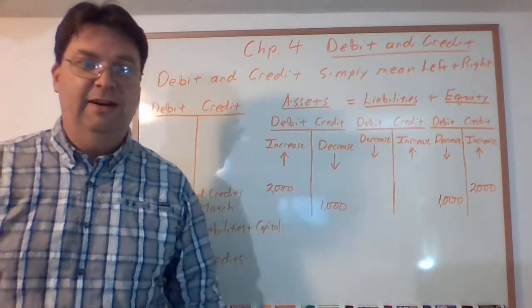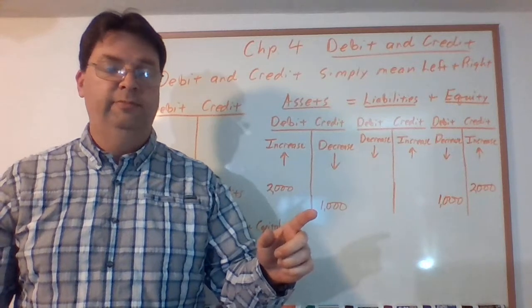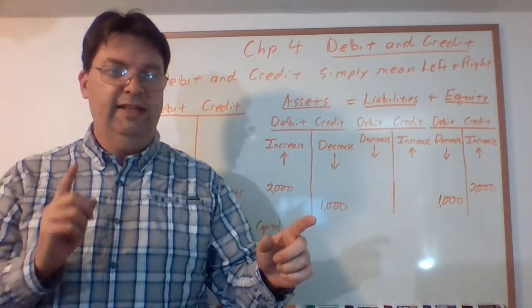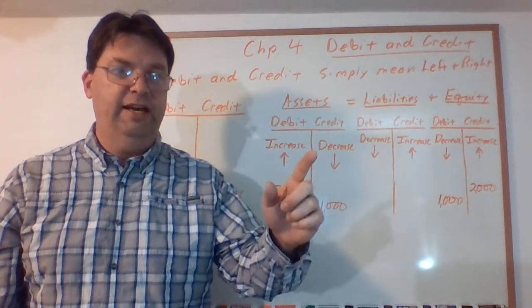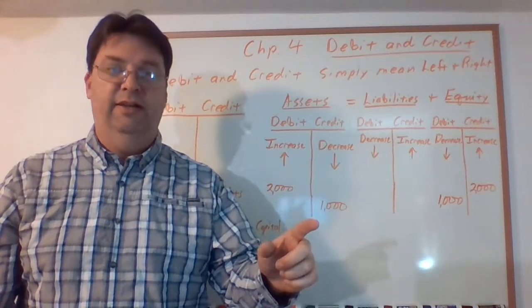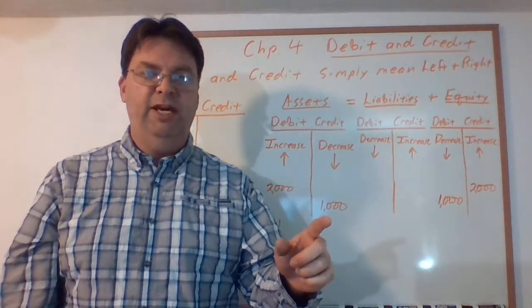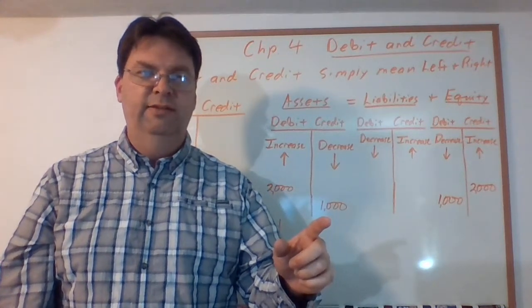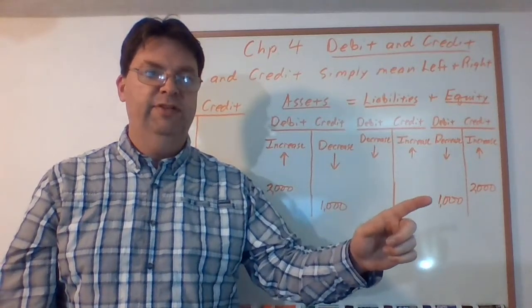All right, so here we go. We wrote a check for $1,000. And if we write a check, that's decreasing, and we know that decreasing an asset like cash in bank is going to be a credit, so we're looking for a debit somewhere. So we paid $1,000 for rent. We remember rent affects equity because it's just a service.